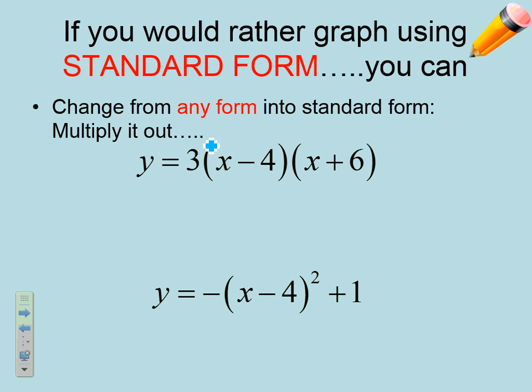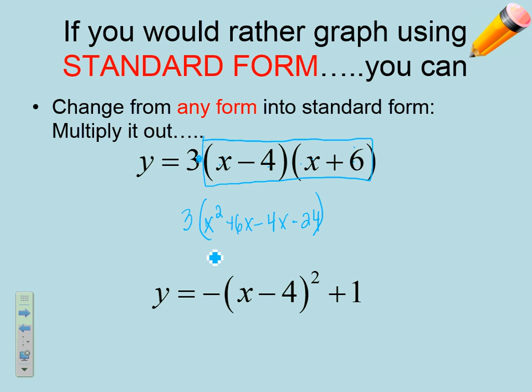Well, if I were going to do this one in standard form, the first thing I would do is double distribute. X times x is x squared. X times 6 is 6x. Negative 4 times x is negative 4x. And negative 4 times 6 is negative 24. Then I would bring this multiplication of 3 down, and distribute.